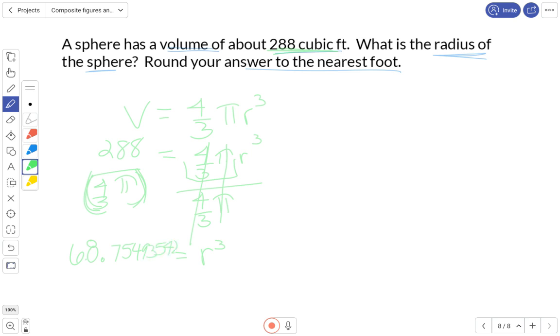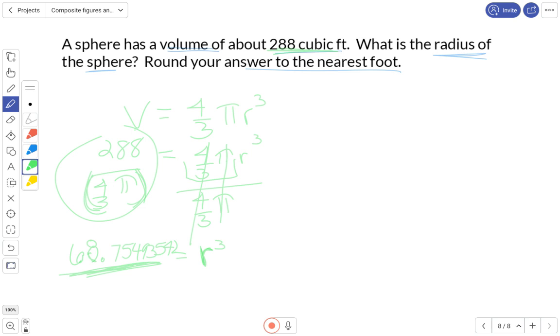Now, this is the only time when you are going to be required to write out this whole decimal, because when you put this in the calculator, you're not actually finding your final answer. You're finding the radius cubed. Okay, so we're not done yet, but you need to write this down because your calculator won't remember it, and you got to show your work.